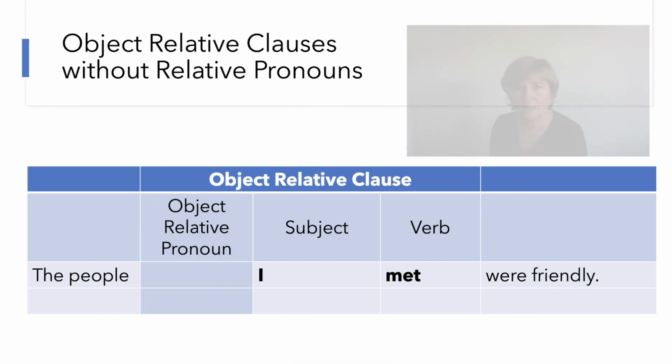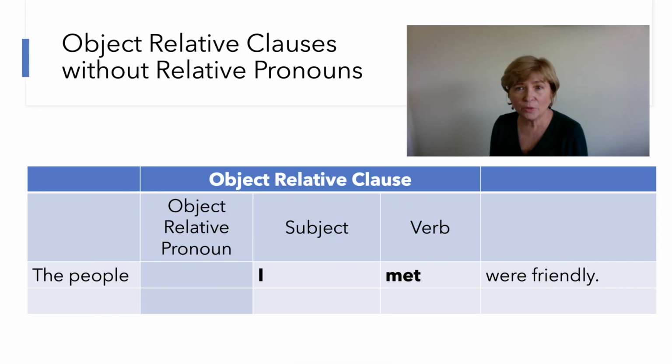There's one more thing I want to tell you about object relative clauses, and that is that we sometimes use them without using the relative pronouns. Here's what that looks like. I have two sentences here without the relative pronouns. The people I met were friendly. We could have said the people that I met or who I met were friendly, but I don't really have to say that.